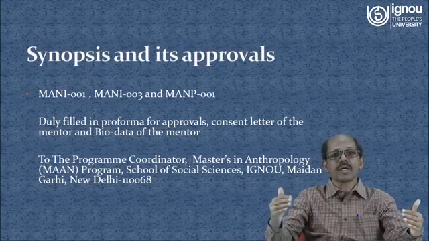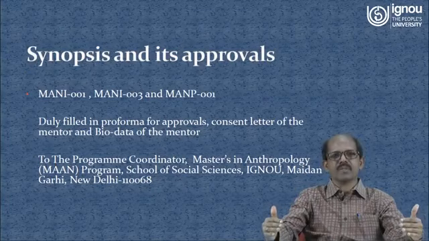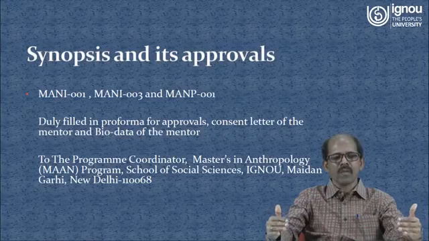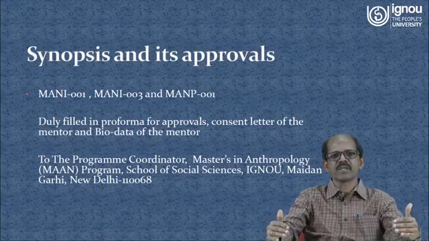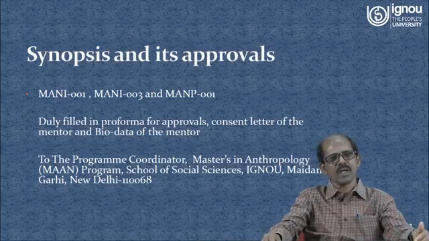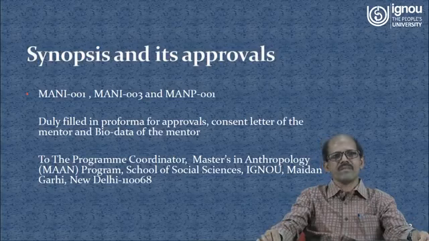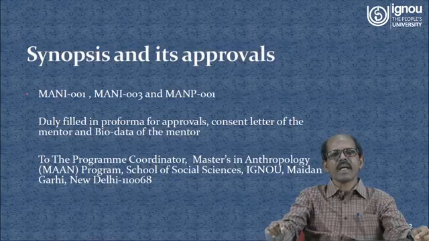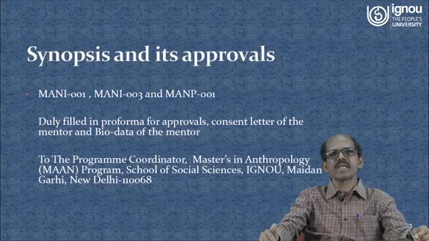Once you are satisfied with the synopsis you have prepared, there are 3 proformas you need to fill. One is the proforma for approval, which is available in all the 3 project manuals. Take a photocopy, fill it up properly, and get it signed by your mentor. You also sign. The next proforma is the consent letter of the mentor.